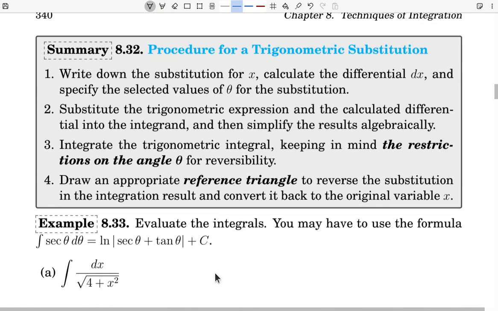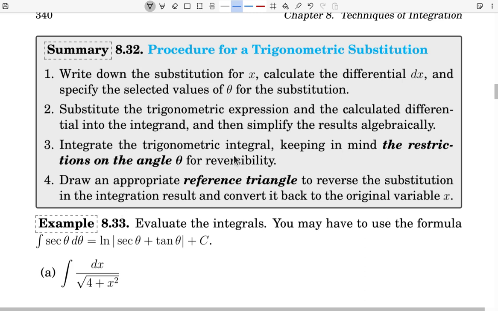Now here we summarize the procedure for trigonometric substitution. Write down the substitution for x, calculate the differential dx, and specify selected values of theta, the angle. Substitute the trigonometric expression, calculate the differential, and simplify the result algebraically.